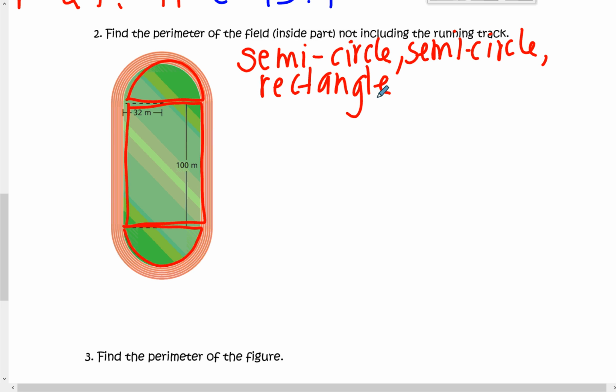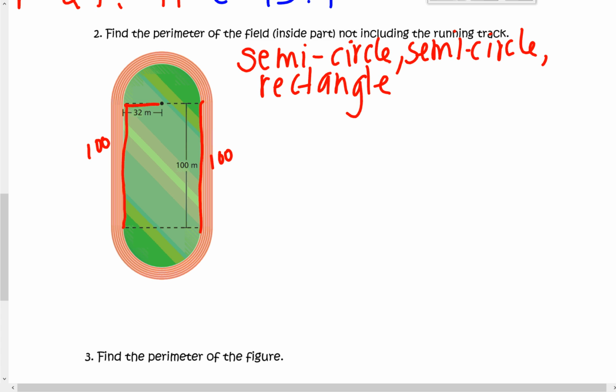Once we identify those shapes, we can now fill in some missing side lengths. I'm going to go and erase that so that our picture is not all drawn over and it's a little easier to see those lengths. We know that this side right here is 100. So we know that this side over here, since it's a rectangle, is also 100.